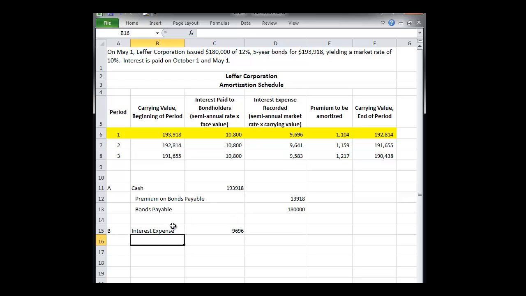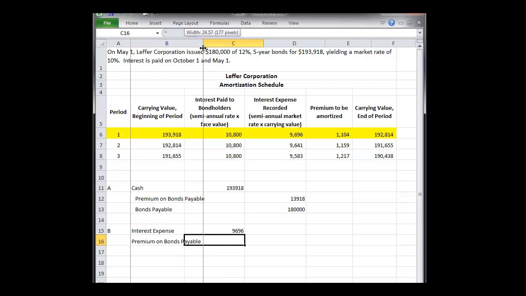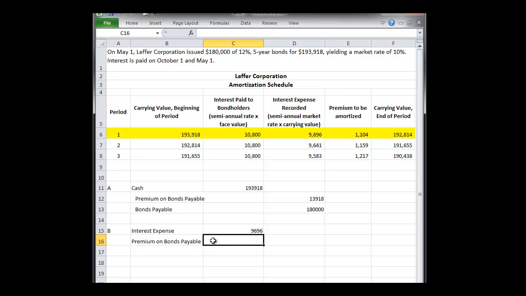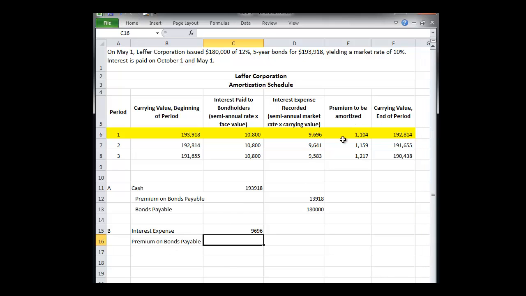Now I need to reduce my premium on bonds payable, and I'm going to do that with a debit. I think I need to fix this a little bit. Okay. Premium on bonds payable, and I'm going to get that amount from my amortization schedule.